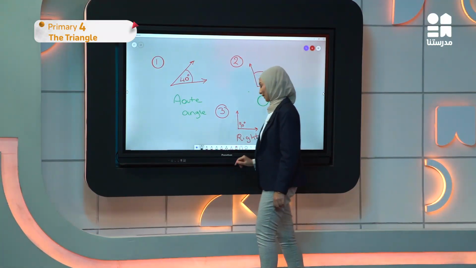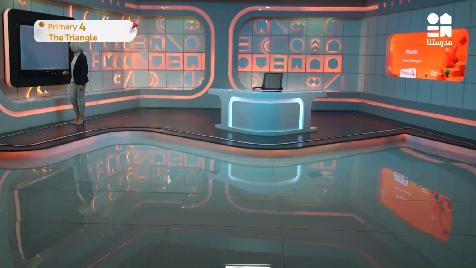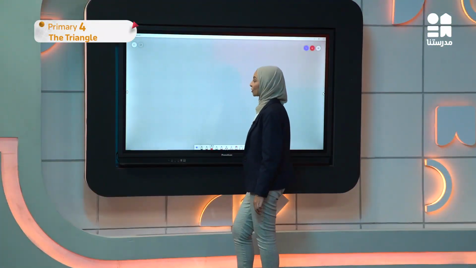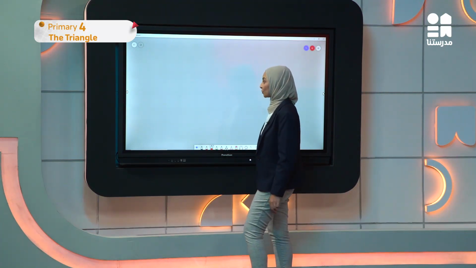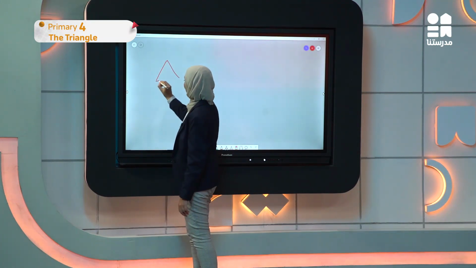Okay, now let's take another examples. Before taking another examples, let's revise on the three types of triangles according to the measures of its angles. What are the three types of the triangles? The first type is acute angled triangle, which is formed of three acute angles, like this.